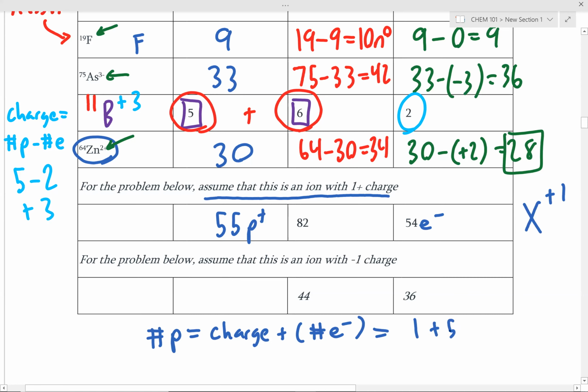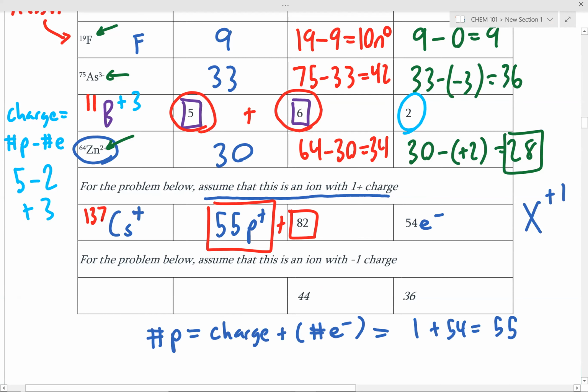It has a +1 charge. We've established that already. And if we want to calculate the mass number, can we add up our protons and neutrons to get the mass number? Yeah. So 55 plus 82 gives us 137. There we go. Short, sweet, and to the point. Any other questions on this?